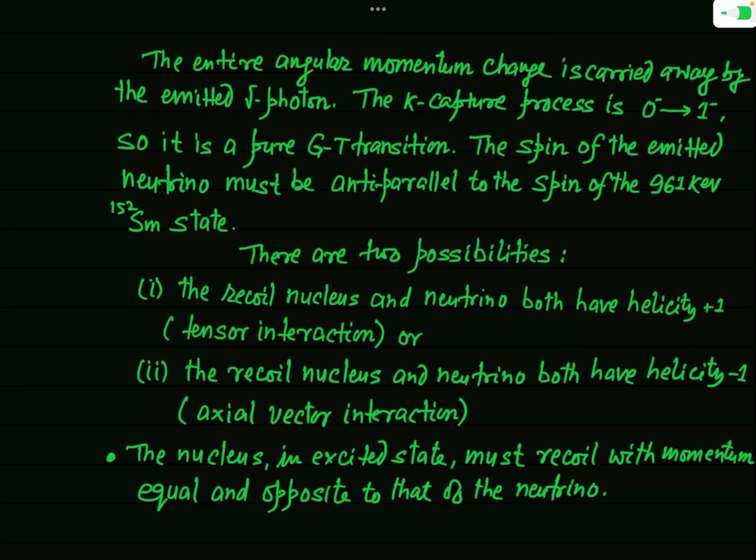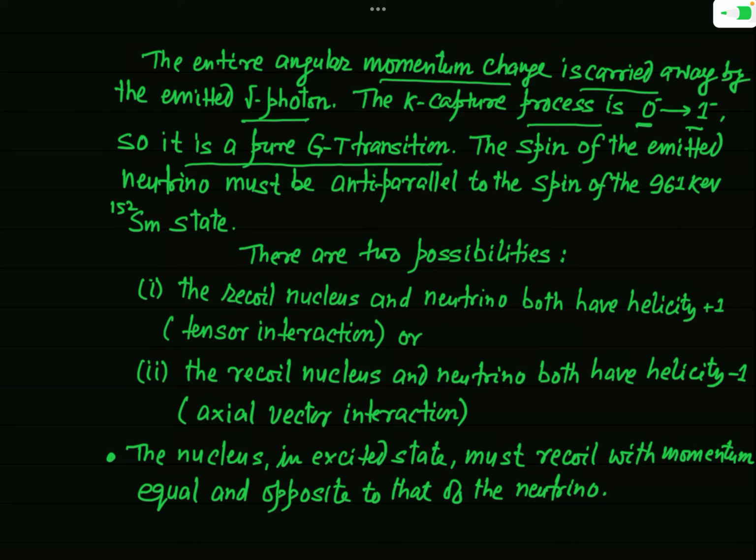So you can see I have mentioned here that the entire angular momentum change is carried away by the emitted gamma photon. Okay, the K capture process from 0 minus to 1 minus is a pure GT transition, as the process is from the 0 minus state to the 1 minus state.